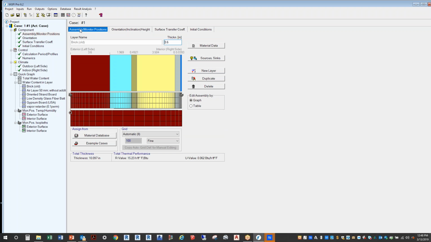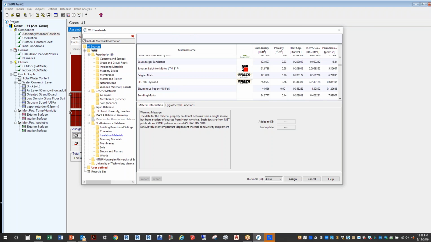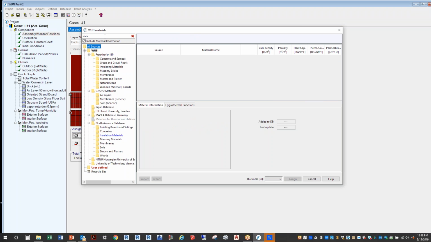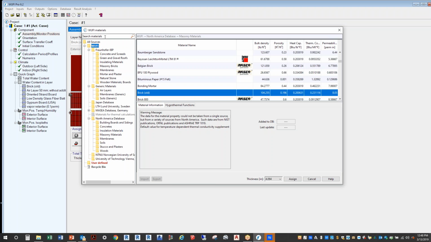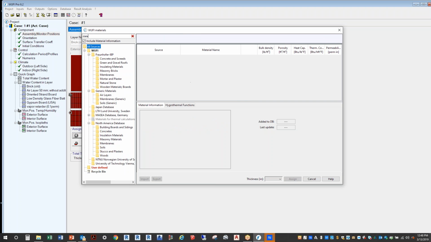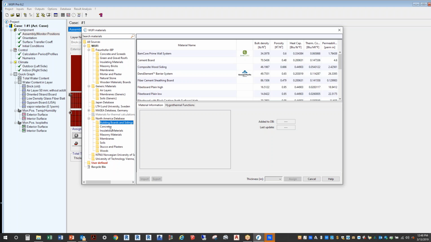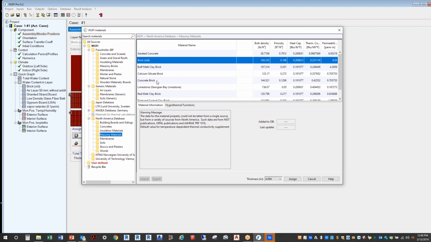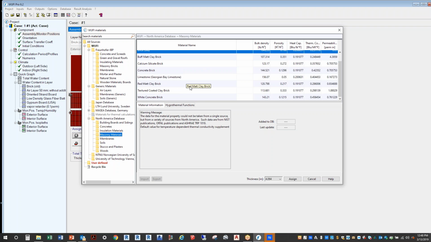And assembly monitor position. So this brick will become shingles? Slate. Terracotta.